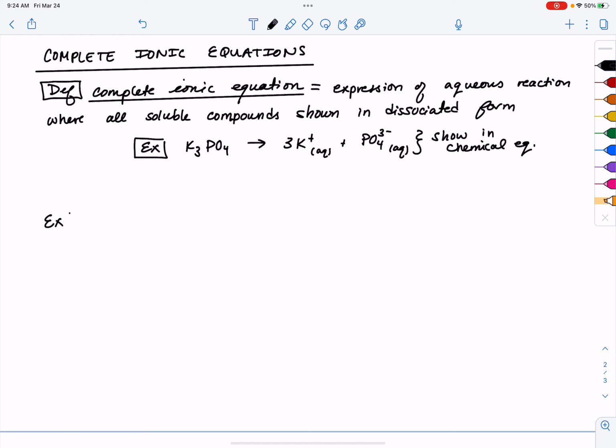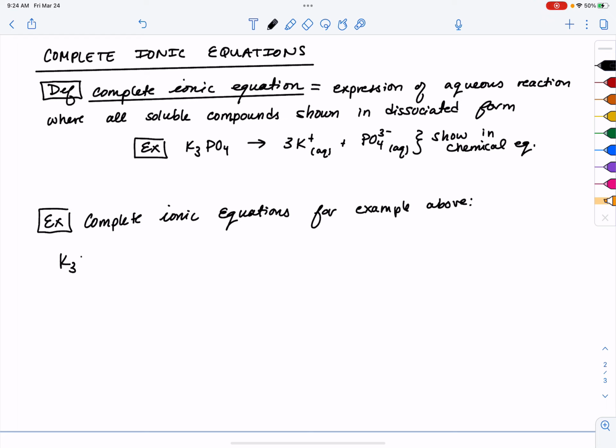So for example, let's go ahead and look at the complete ionic equation for the example above.